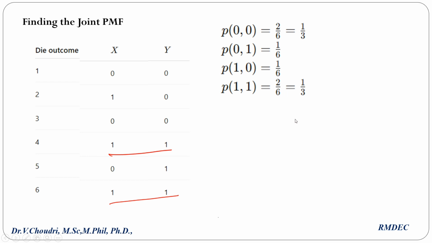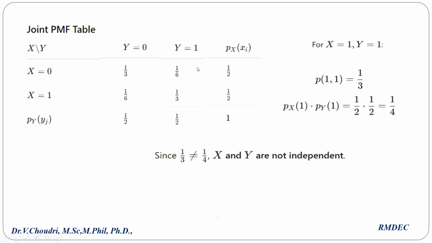Okay, now I am going to take P of 1, 1, which is 2 by 6. We know that P of 1, 1 equal to 1 by 3. So how can we write the product of the probability mass functions? Px of x equal to 1 times Py of y equal to 1.